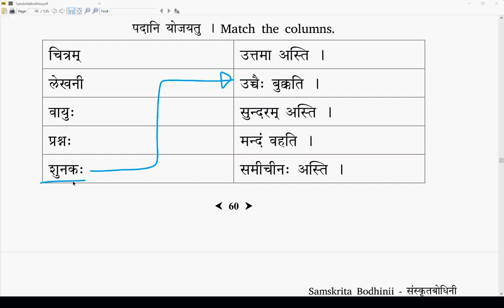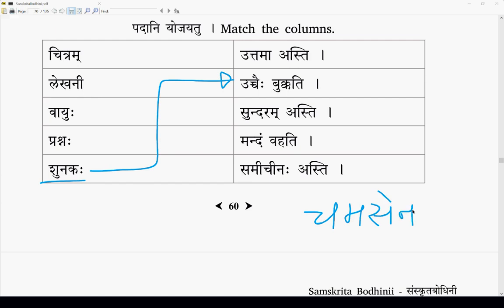For example, in this Shunakaha uchchaihi bukkati, this looks like it is a tritiya vibhakti, loudly, with a high voice, with a high sound, uchchaihi. So it looks appropriate here with tritiya vibhakti bahuvachanam, like Ramaihi, tritiya bahuvachanam, uchchaihi. Because when we say Aham chamasena khadami, there is a tritiya. What does chamasena mean?